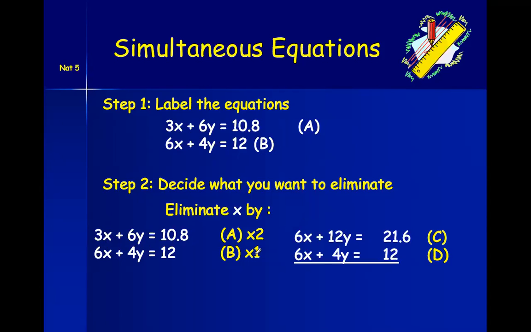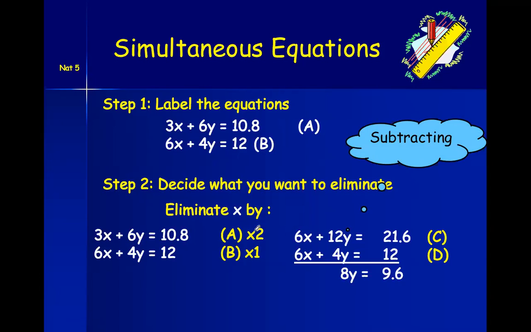Now we're going to eliminate x, like we've decided, by taking away the top from the bottom, C minus D. So C minus D got rid of 6x, 12y minus 4y is 8y, 21.6 minus 12 is 9.6.